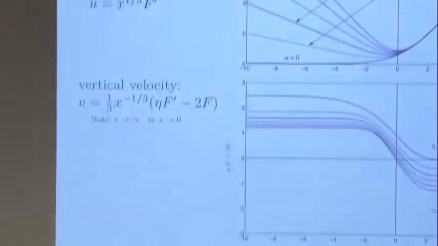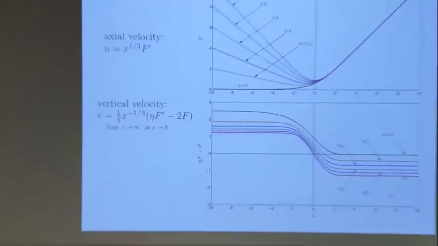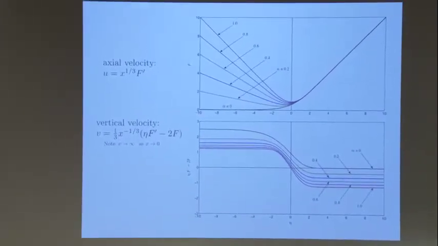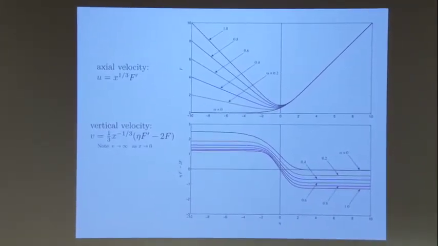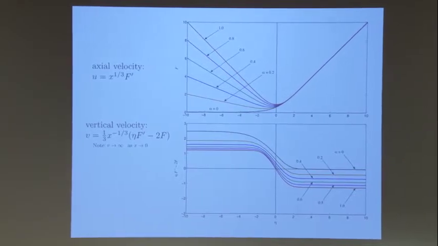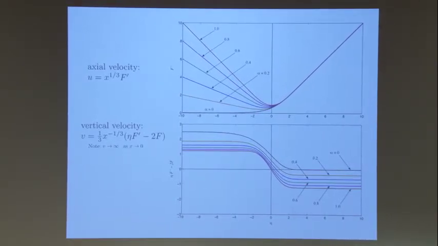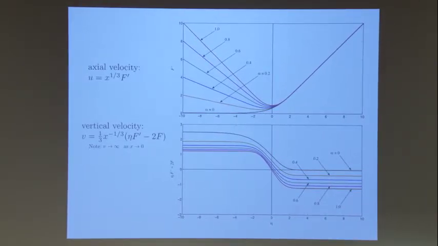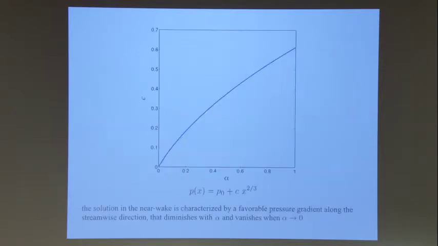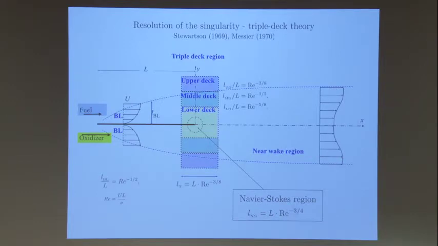On the bottom is the v velocity, which, as the two streams merge, the y components come towards each other, positive and negative, and that's what you see. You also see the variation with alpha. For example, for alpha equal to 0, nothing comes from the bottom, everything comes from the top. Okay, so this was a quick description of the flow.